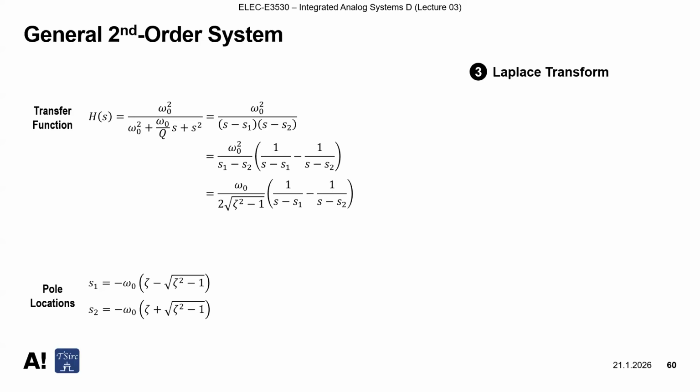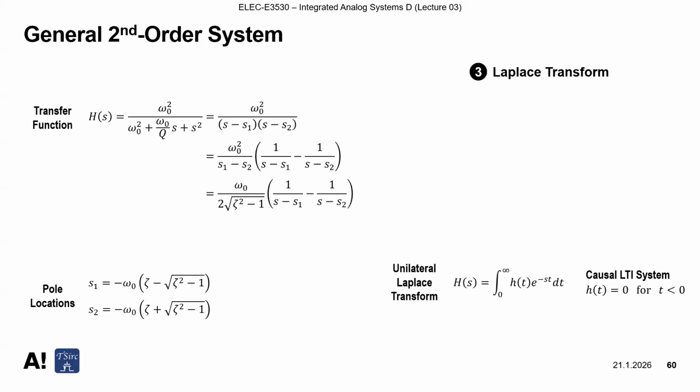Then we plug in s1 and s2 here, and we have a denominator like 2 times the square root of zeta squared minus 1, because both s1 and s2 have the same term, omega 0 times zeta, so we can cancel out those terms.